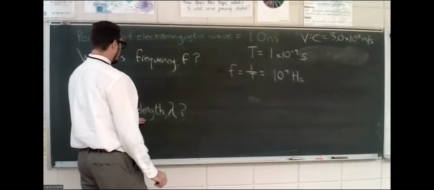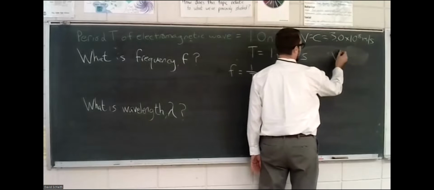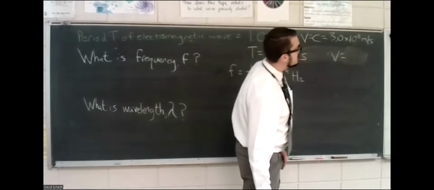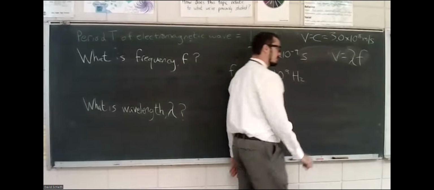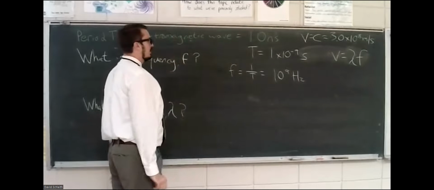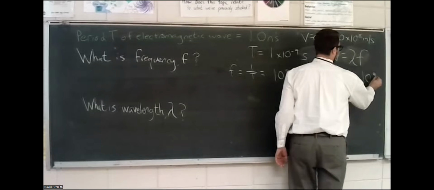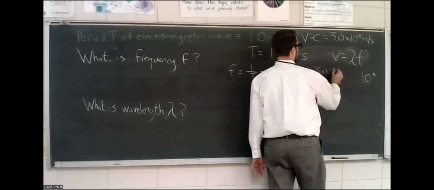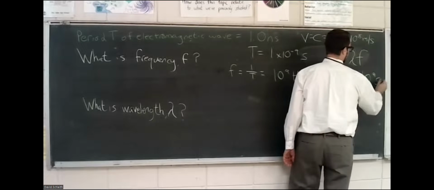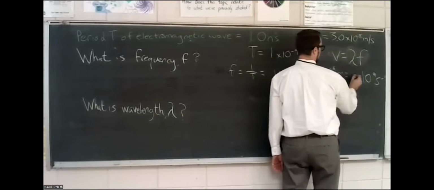And then to calculate the wavelength, again, we know what the velocity is, and you may recall that velocity is equal to wavelength times frequency. So once we've calculated the frequency is 10 to the 9, a billion, we know the velocity is 3 × 10⁸. So these are reciprocal seconds, same thing as hertz. These are meters per second.